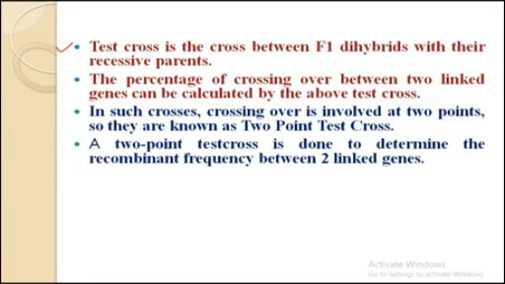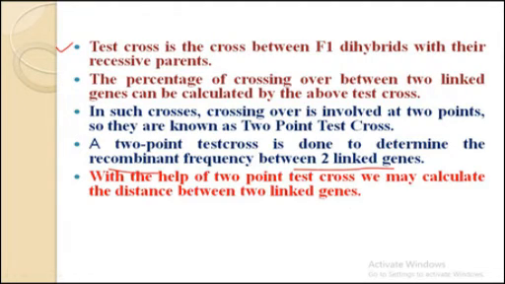A two-point test cross is done to determine the recombinant frequency between two linked genes. With the help of two-point test cross, we can not only measure the distance between these two linked genes, but we can also know the recombinant frequency between them.